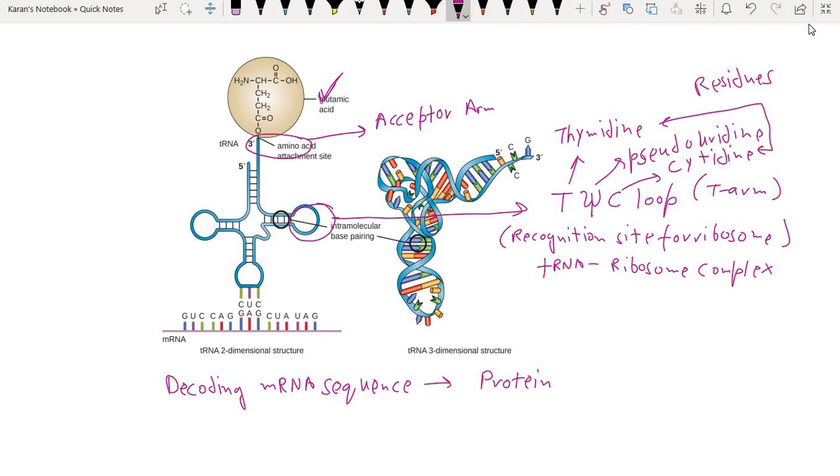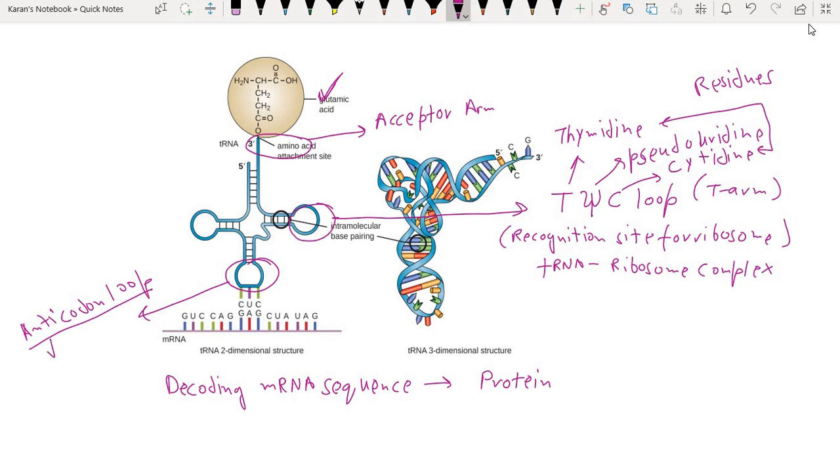Then here below you can see there is the anticodon loop. This is known as the A loop or anticodon loop. Now what is the function of this anticodon loop? It basically pairs with mRNA, and it helps in determining which amino acid is to be attached to the acceptor, right?